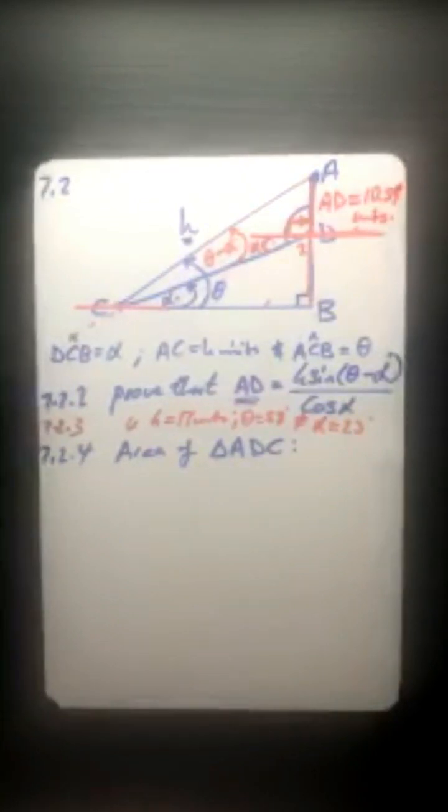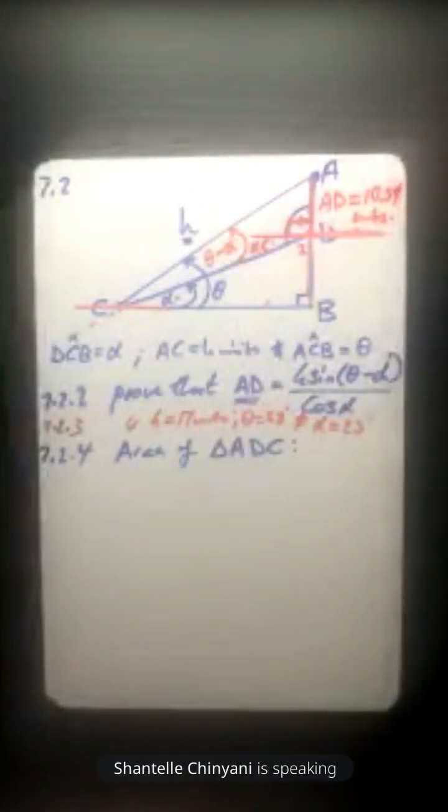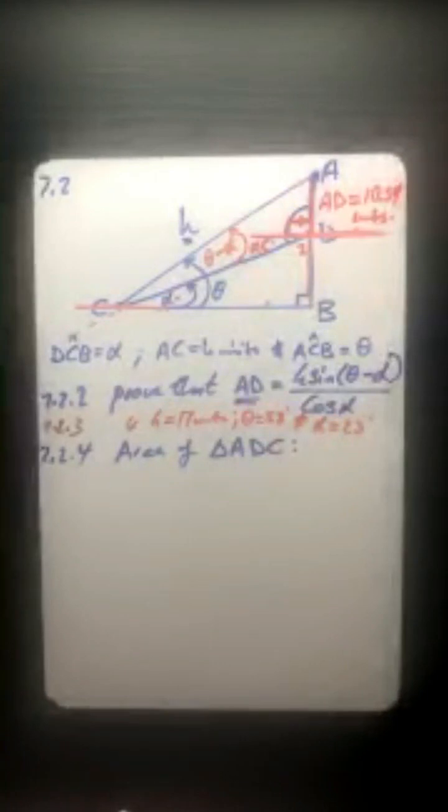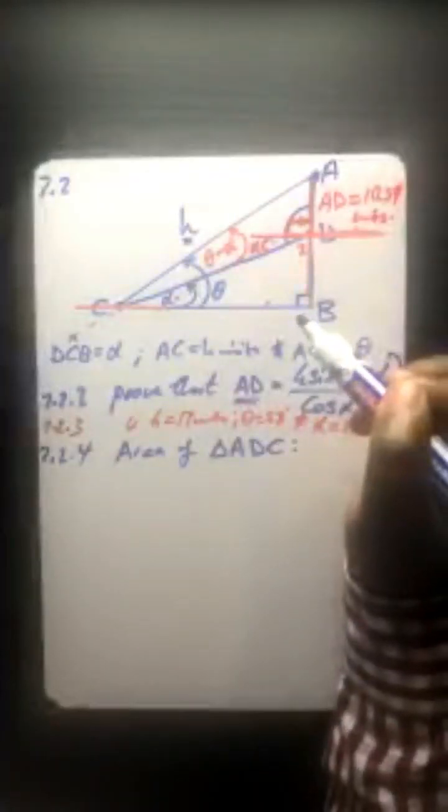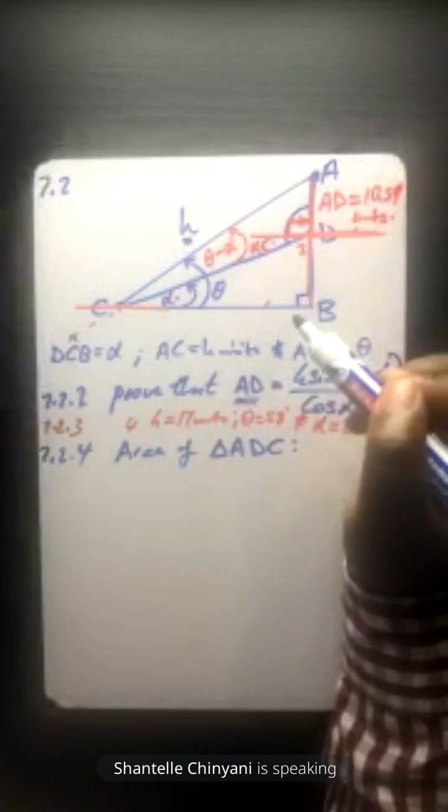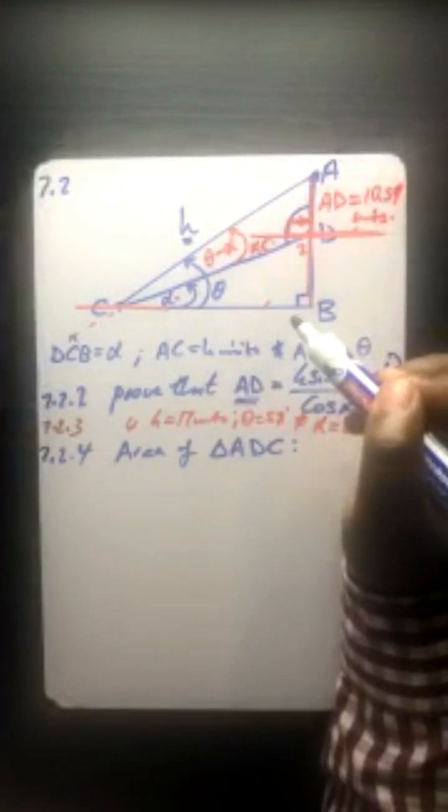Sir, this is just my query. In 7.1, we said that C is equal to what did we say?